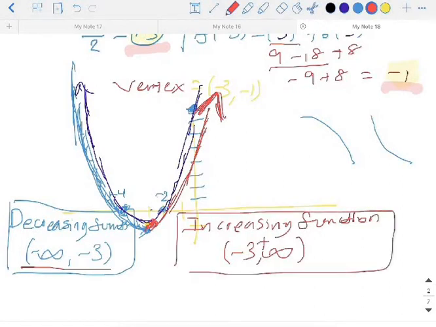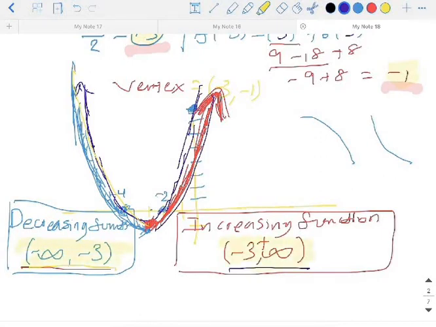And this can be seen by looking at the parabola. At the lowest point, it starts to increase, increase, increase forever. So we have the decreasing function from negative infinity up to negative 3, and the increasing function from negative 3 up to positive infinity. So be sure that your answers look like interval notation.